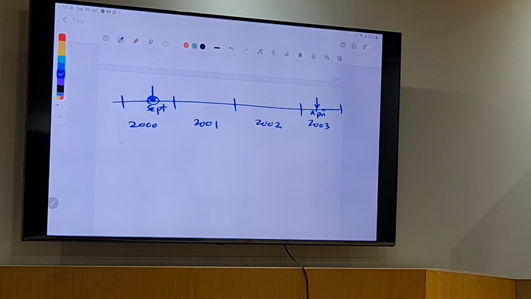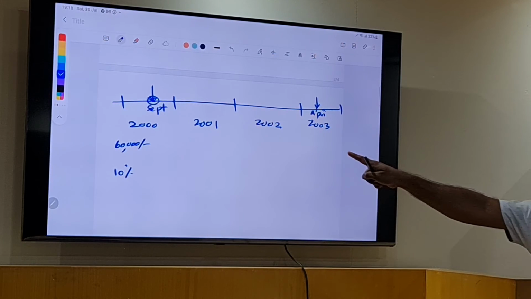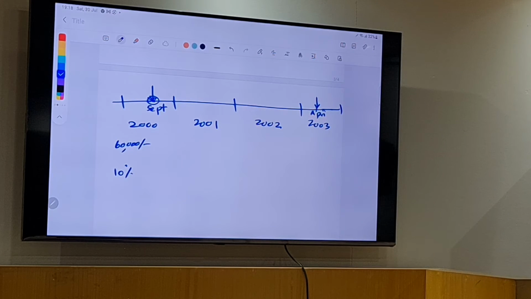Let's say my cost of the asset is, for example, 60,000. And the depreciation rate, let's say 10%. Now, if I follow the first method, full year's depreciation in the year of purchase, how much depreciation should you charge for year 2000? You are following what method?